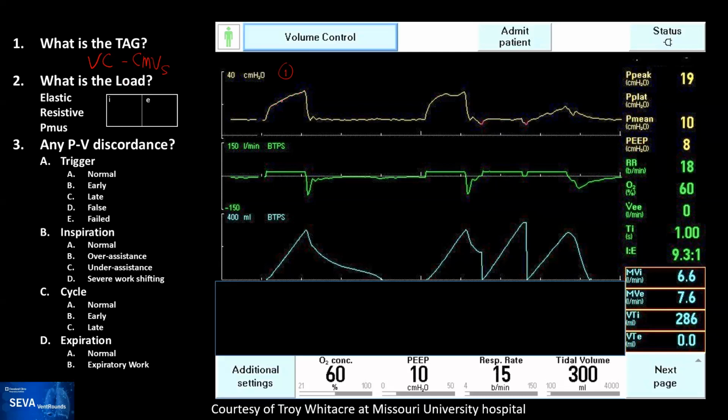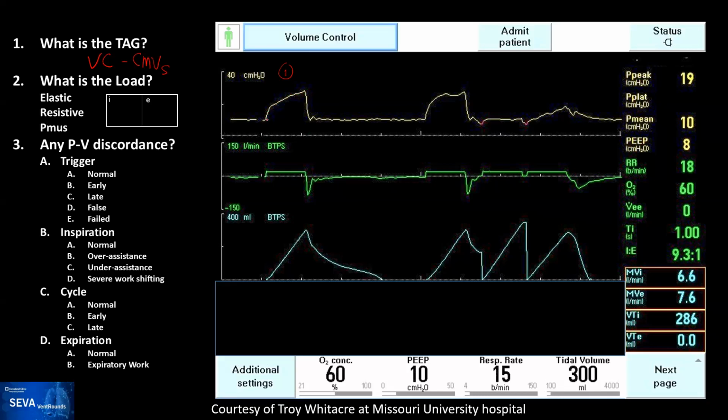If perhaps there is some concavity, that may make us think that there is some recruitment at the end of the breath, but I don't see much PMOS there, at least inspiratory. So I would call this one a totally passive breath. There's no trigger. There's no evidence of early cycle or any evidence of effort during the inspiration. So this one has no PMOS.